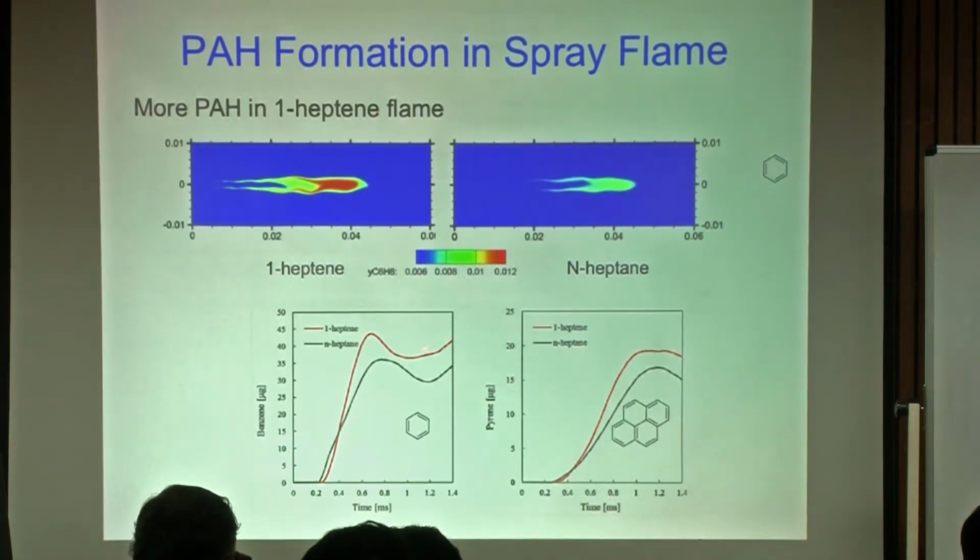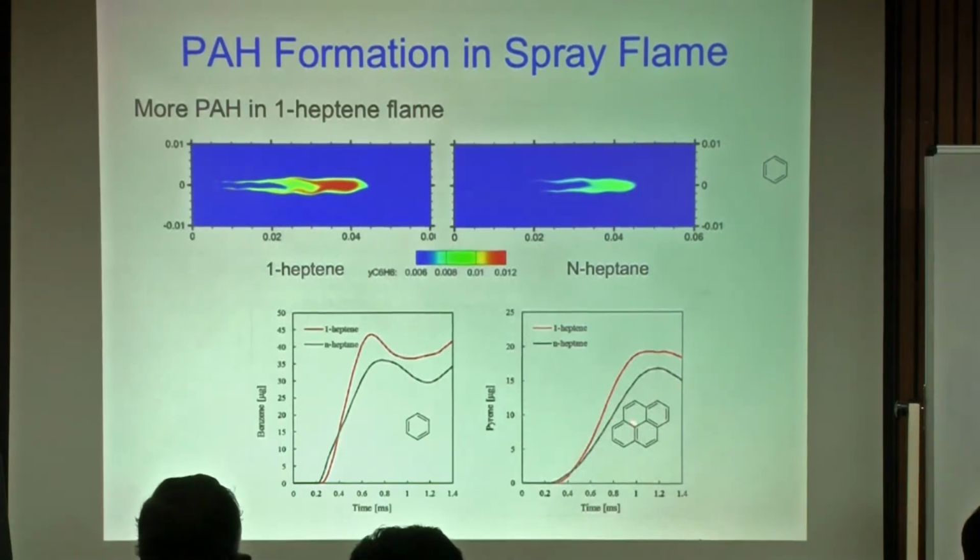So what is the takeaway? More benzene in the heptene flame. And then there is more pyrene, the 4-ring PAH. Again, more pyrene in the heptene flame, so there is more soot. In these 3D simulations, we didn't have the soot model, but we had up to pyrene. So this gives a clear indication. I think now they may even have the soot model.